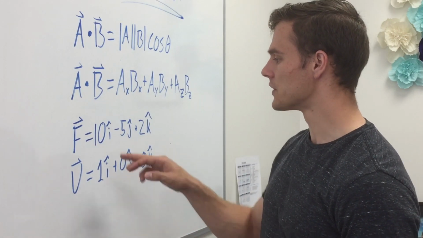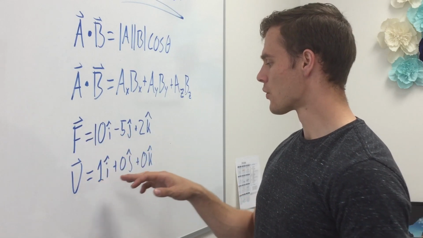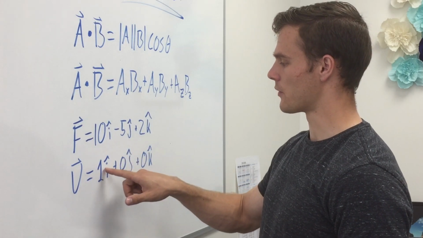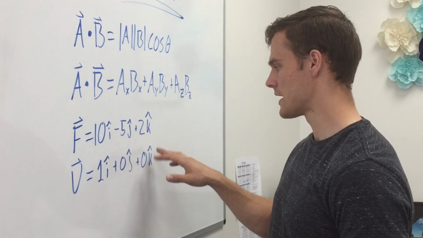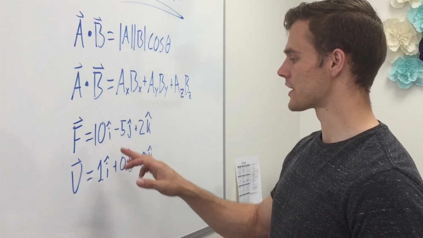So if we take the dot product of f dot u, the 10 is going to multiply by the 1, and 5 times 0 and 2 times 0 are just going to cancel out because they multiply by 0, and so you're just going to get 10.